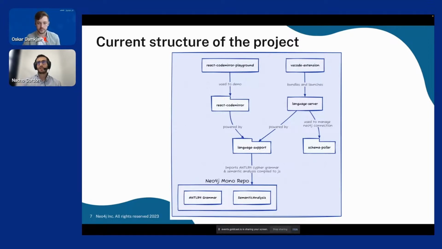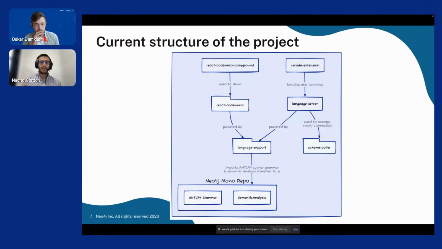The repo, which we'll send a link to at the end of the talk, contains a core library called language support that contains all the logic for syntax highlighting, linting, and auto-completions. That library imports the grammar and the semantic analysis from the Neo4j official repository, so it compiles them into a parser and into a semantic analysis that we can use from there.